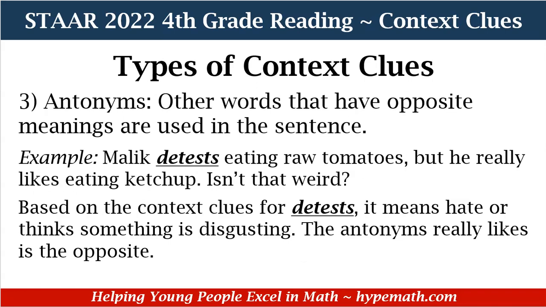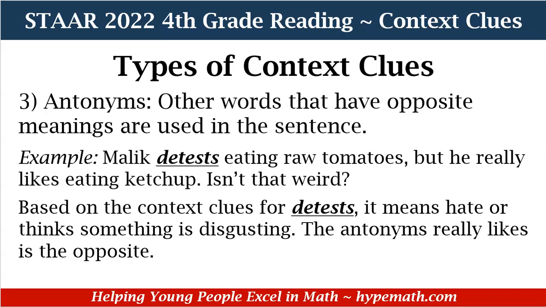Next, we have antonyms. These are other words that have opposite meanings and are used in the sentence. Our example is: Malik detests eating raw tomatoes, but he really likes eating ketchup. Isn't that weird? So we can tell based on our sentence that detest could mean hate or something that seems disgusting.